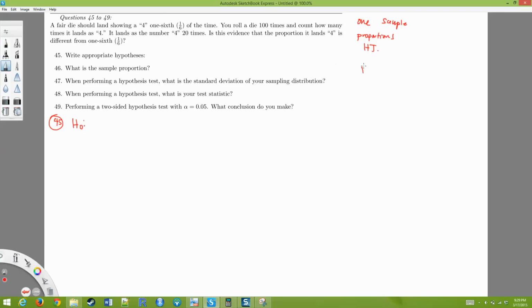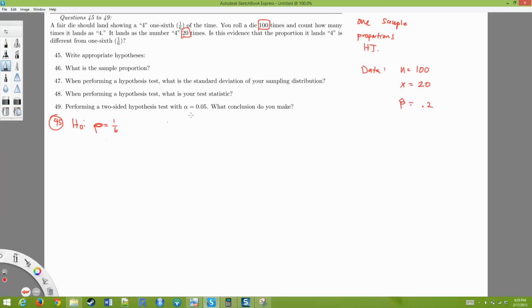If we look at our data, we have a sample size of 100 rolls, and it landed the number 4 20 times, okay? 20 times in 100 rolls. So that means our p hat is 0.2. Our hypothesis, we want to know, is P equal to 1/6?